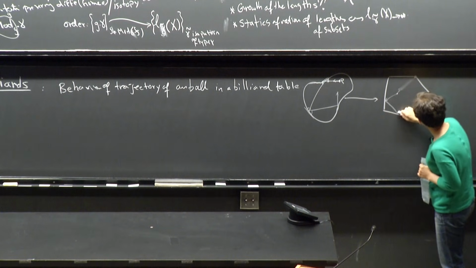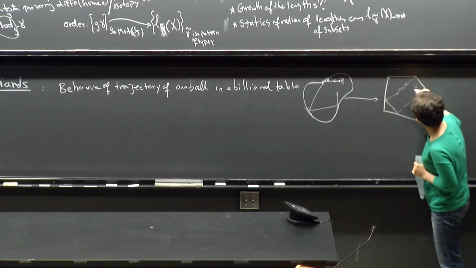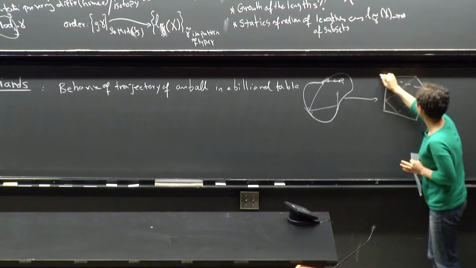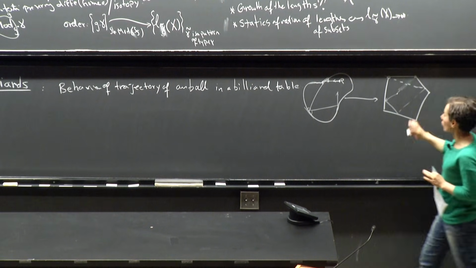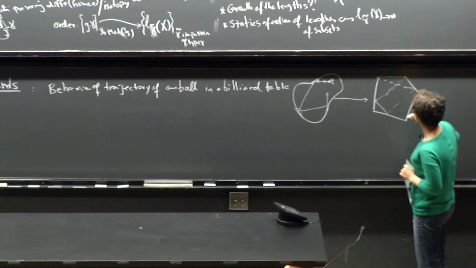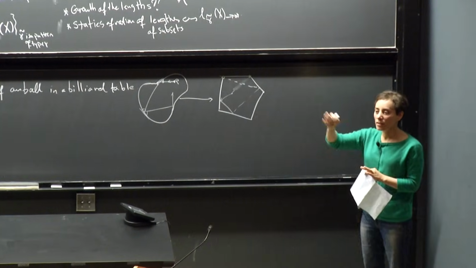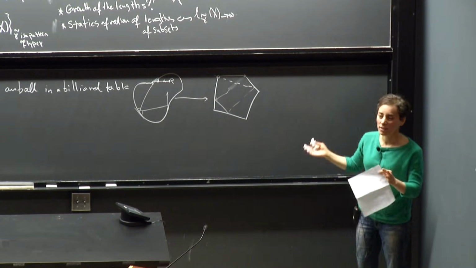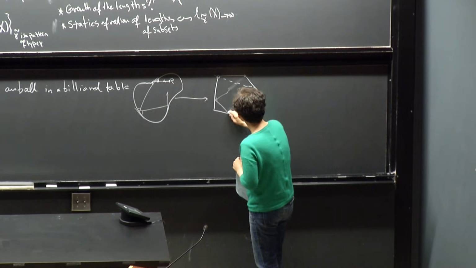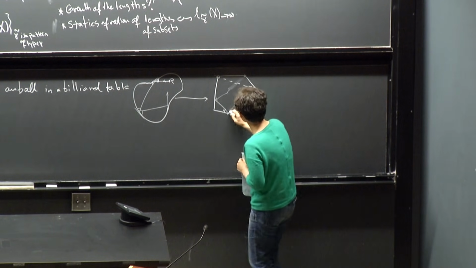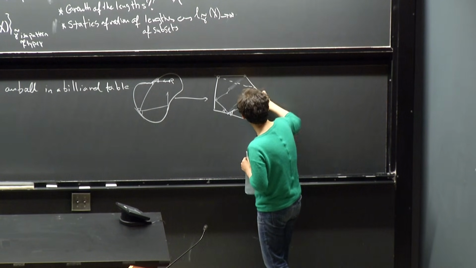The only difference is that whenever the ball goes to one of the vertices, it disappears, so you don't continue. So there are many finite trajectories. There is no way to continue, but whenever it hits the boundary, this angle and when it reflects, the other angle, they are the same.